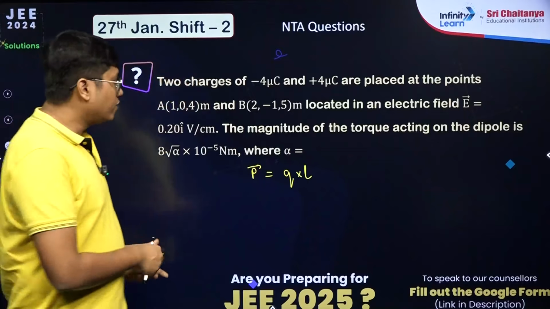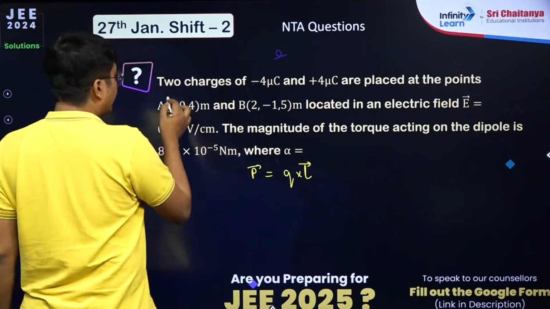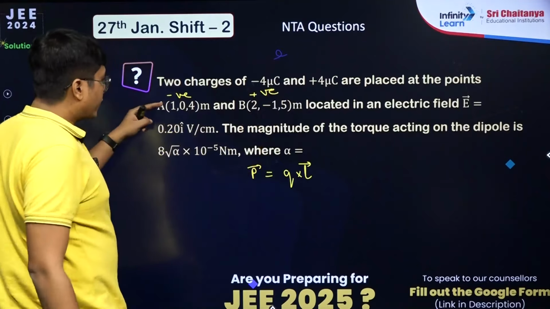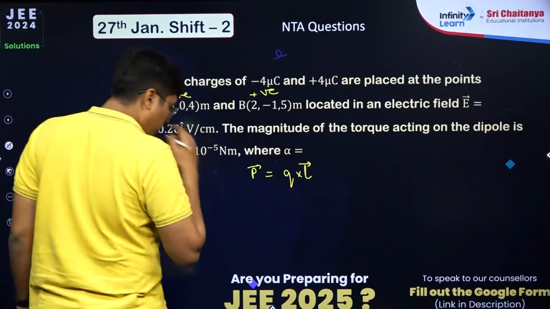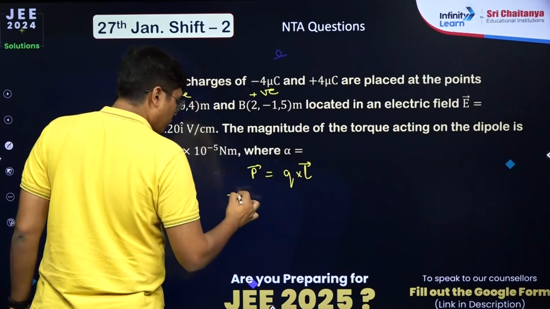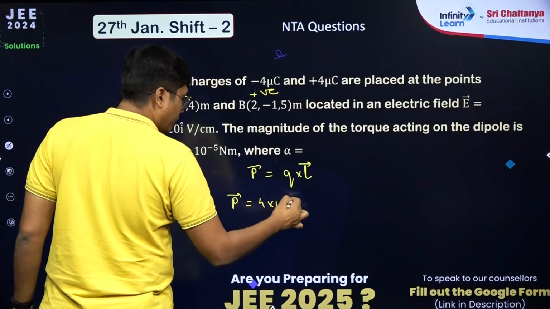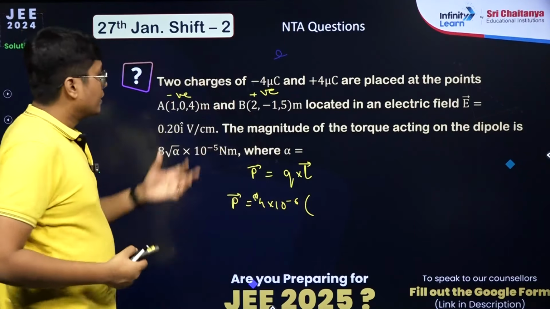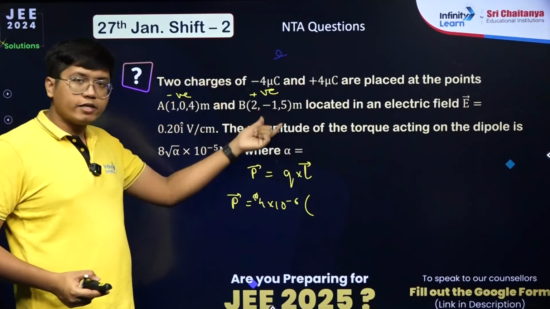Now this as a vector form can be written. So for our case, here is where the negative charges and here the positive charges. So the dipole moment vector should point from negative to positive charge. So we will get charge is 4 microcoulomb, so 4 into 10 to the power minus 6 into this vector minus this vector, because you are taking displacement vector from here to here.